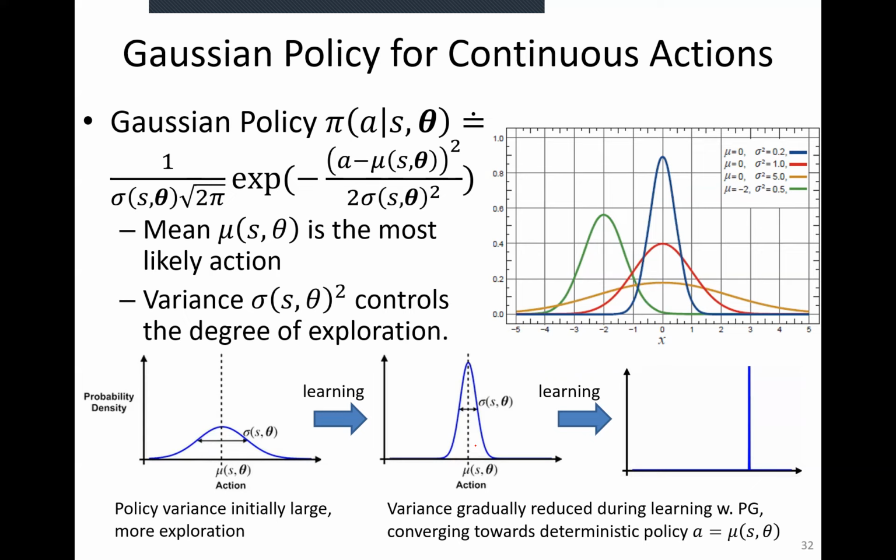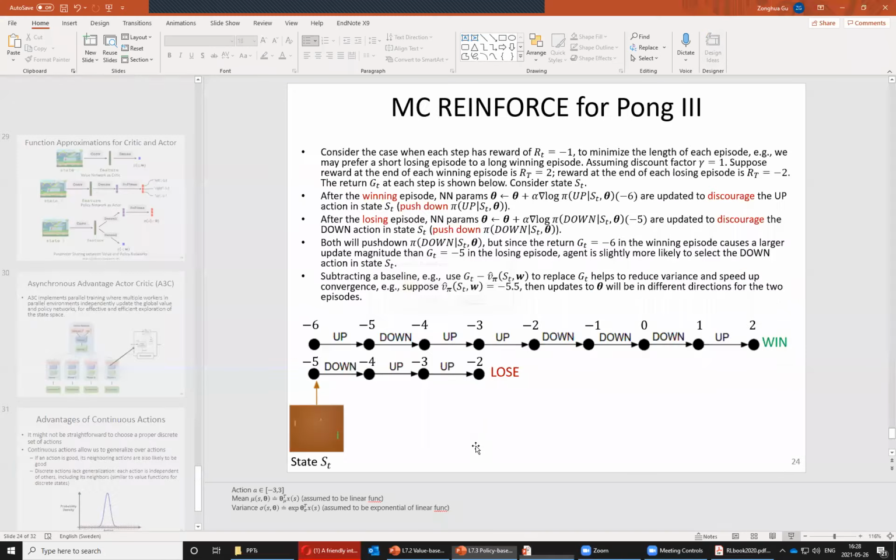Finally, at the end, you should converge towards a deterministic policy, or you may leave some non-determinism in the policy. That's the end of the policy gradient lecture.